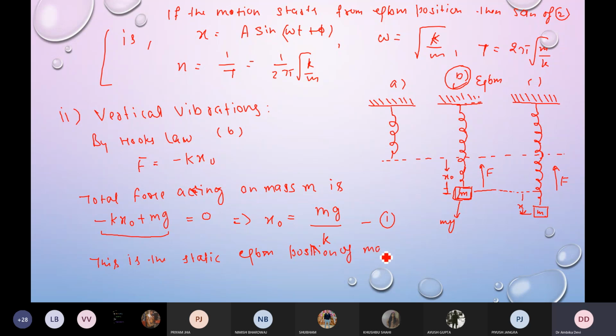Okay, now suppose during the oscillation we take the case C, wherein we have stretched the spring downwards by a distance x. So the restoring force will change.